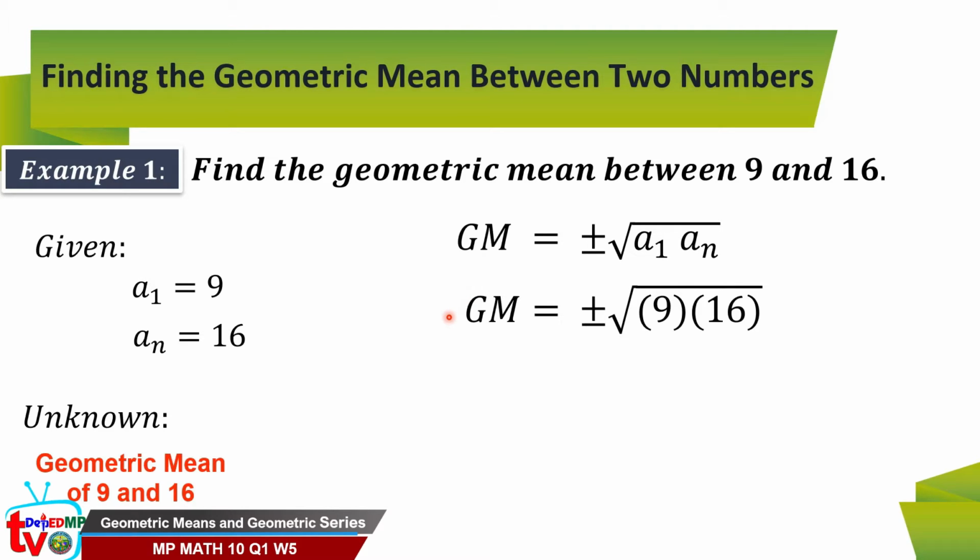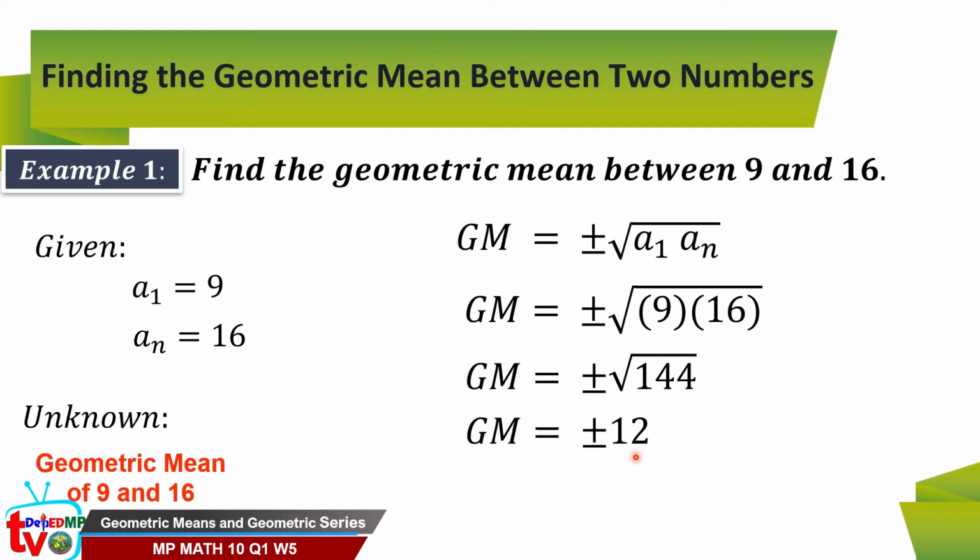Substituting the given values in the formula, we have geometric mean is equal to the positive negative square root of the product of 9 and 16, which is 144. Extracting the square root of 144, we have 12. Therefore, the geometric mean is equal to positive negative 12.